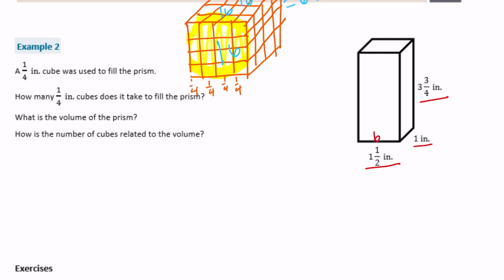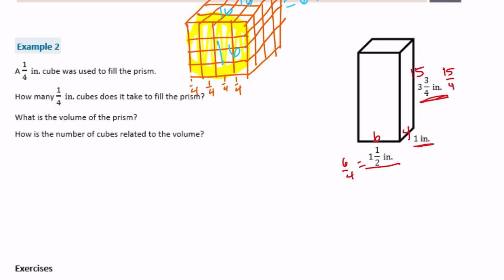That would be 6, 6/4, because 6/4 is equal to 1.5. In 1 inch, that would be 4. And in 3 3/4 inch, how many fourths are in that? Let's see, 3 times 4 is 12, plus 3, that would be 15 fourths, so this would be 15.